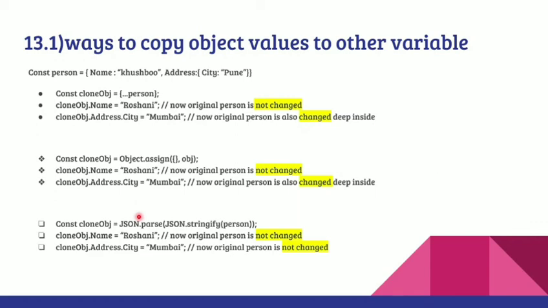That way, it does not reflect its change to the original object at all. So when you don't want to change your original object on change of the cloned object, we use JSON.stringify and JSON.parse. This is the best way and gives us the desired output. So this answer is complete.